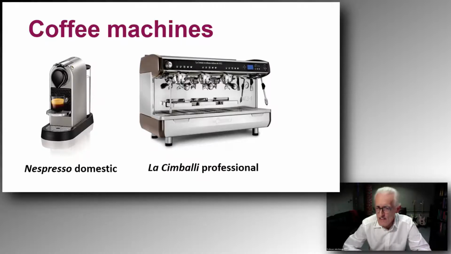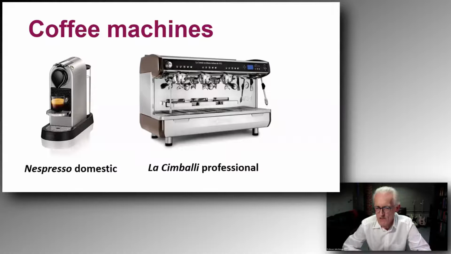The device on the right, in all its magnificence, that's a La Cimbali professional barista's machine. And whereas the Nespresso domestic device is really the equivalent of single gene testing, the La Cimbali is NGS sequencing. And here, of course, you've got something which has infinite flexibility.